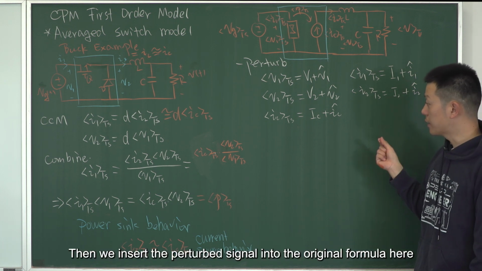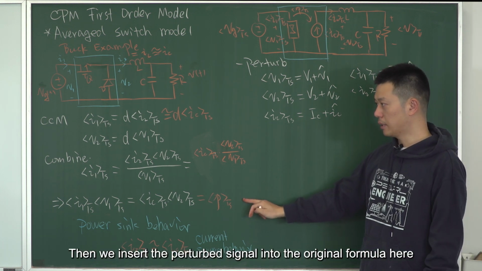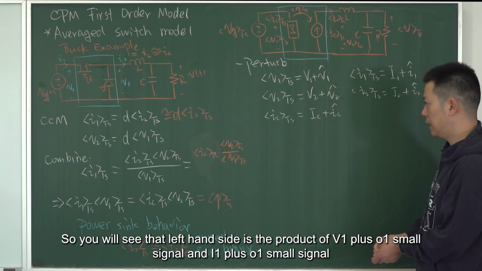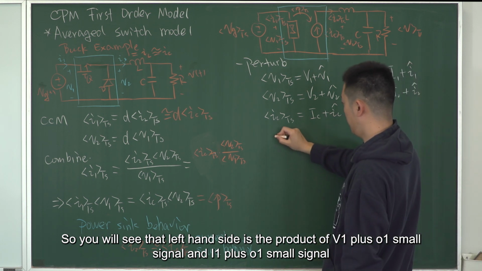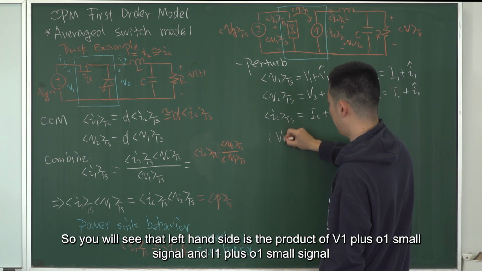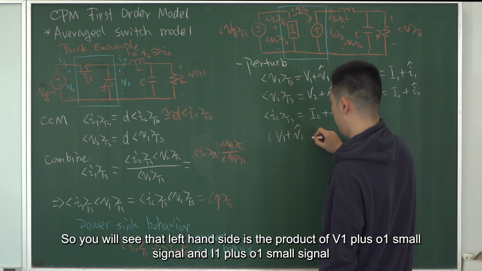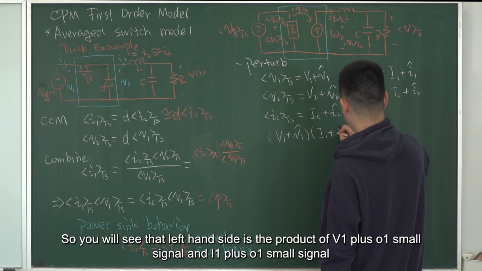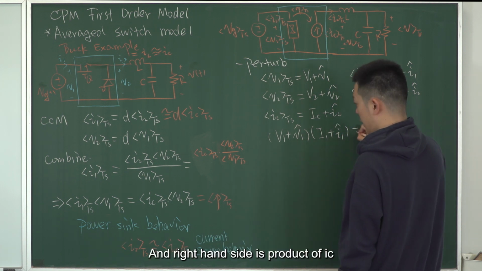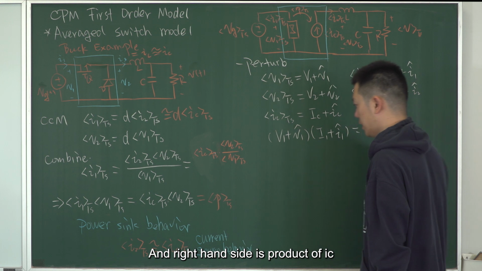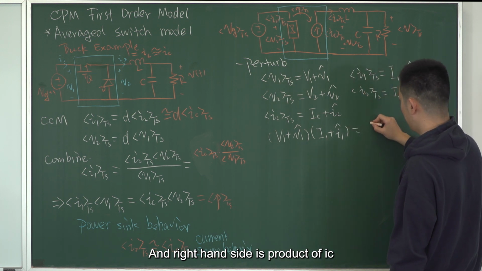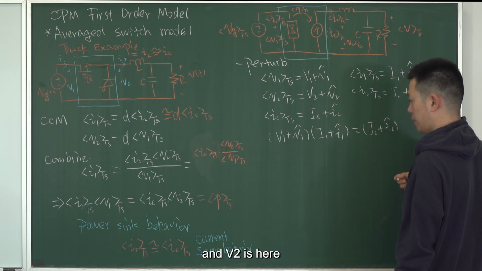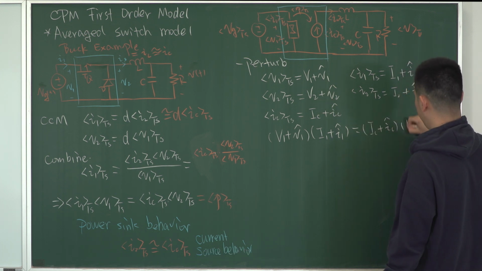Then we insert the perturbed signals into the original formula here. You will see that the left-hand side is the product of V1 plus V1 small signal and I1 plus I1 small signal, and the right-hand side is the product of IC and V2.